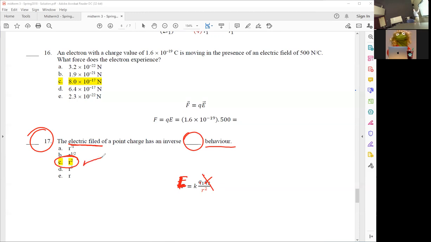Question 16. We have an electron with a charge value of 1.6 times 10 to the negative 19 coulombs, moving in the presence of an electric field of 500 newtons per coulomb. What force does the electron experience? Of course, in this case, it's just asking for the magnitude of the force.